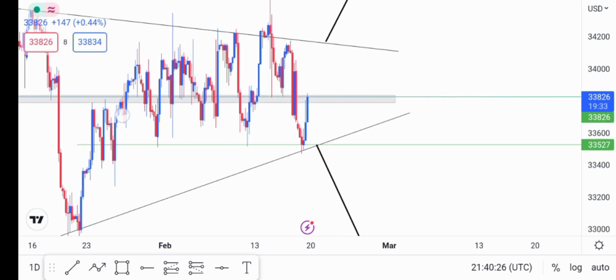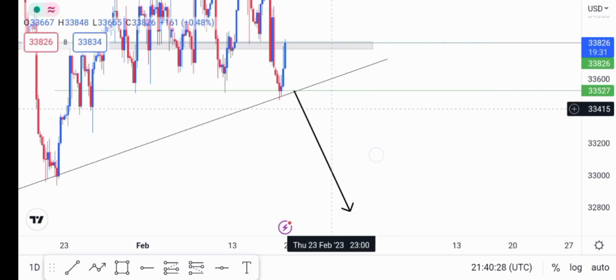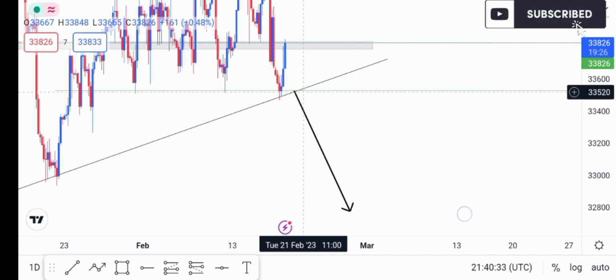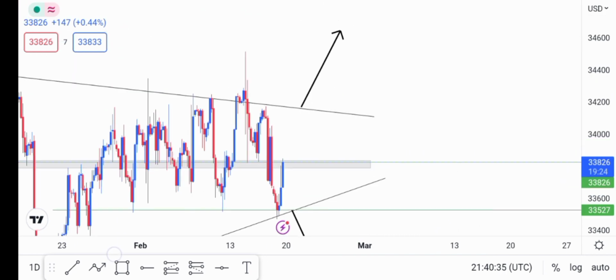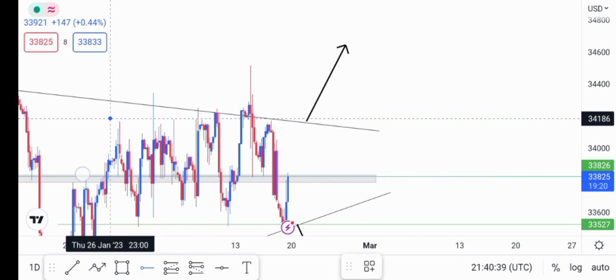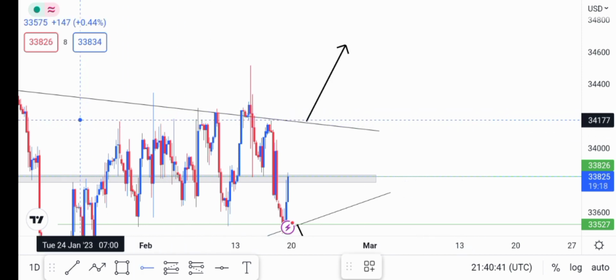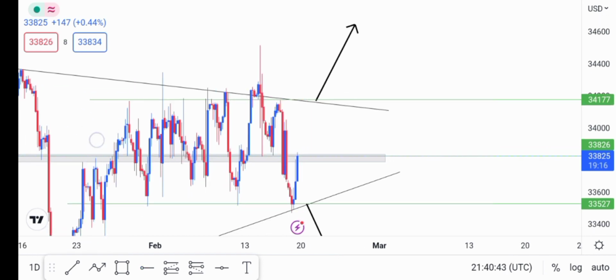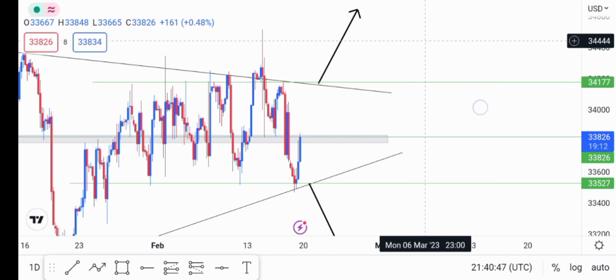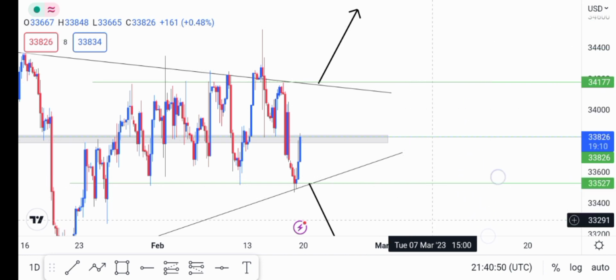So to be on the safer side, either you buy when you break this level over here, outside the triangle, or here. The moment you break these green lines that I've shown you is the moment you buy. When you break this green line, you buy. When you break this green line, you sell.